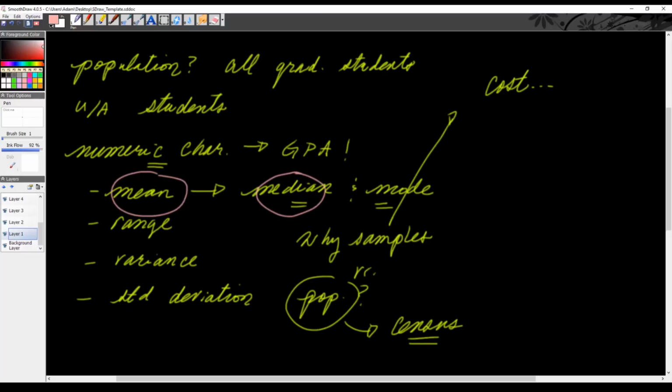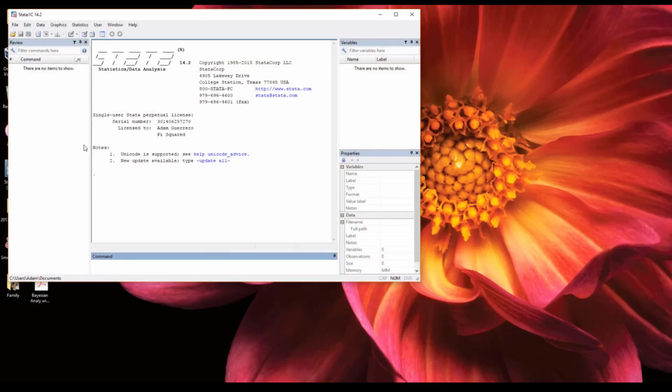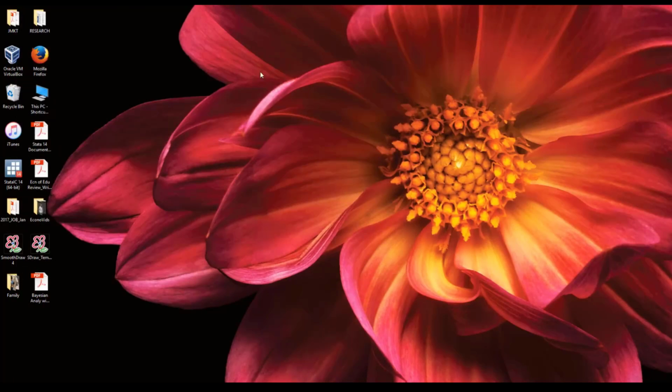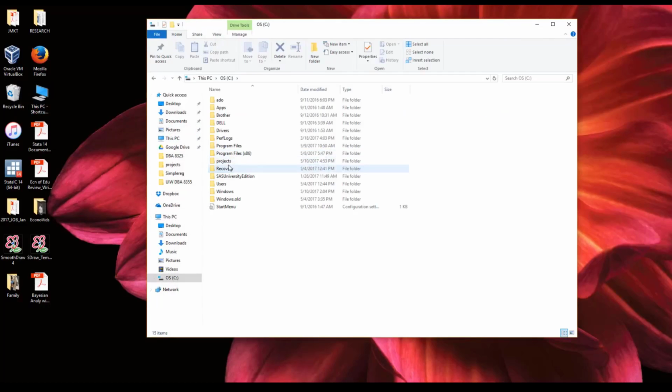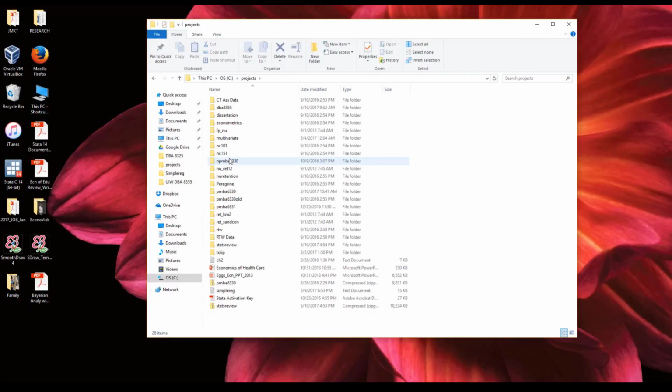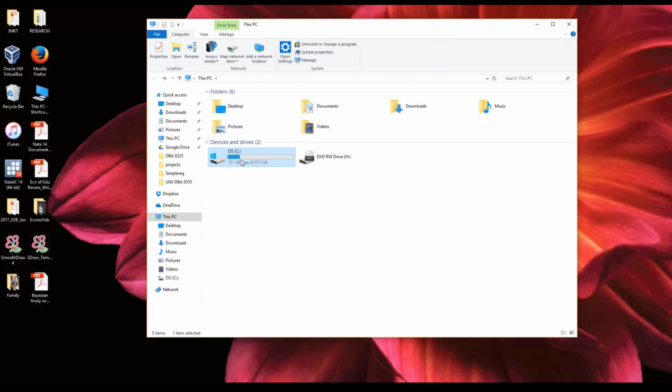All right, so before we explore these concepts in a little bit more detail, I'm going to go ahead and go to the program that I'm going to run in Stata. I've got a projects folder saved on my C drive.